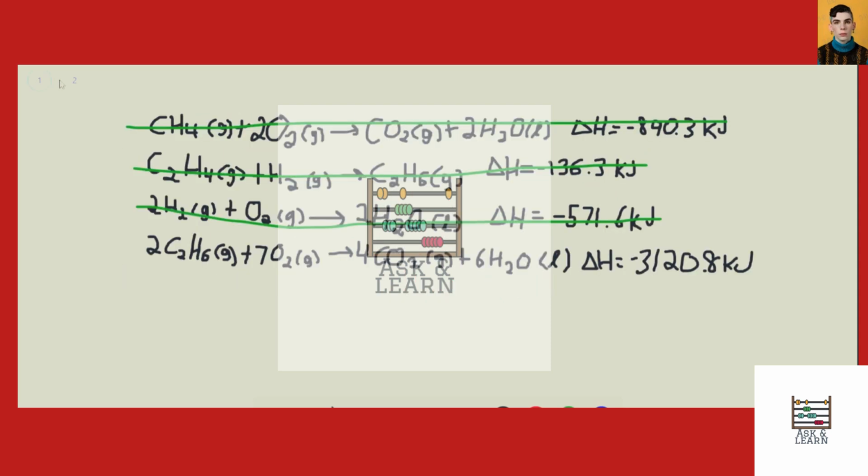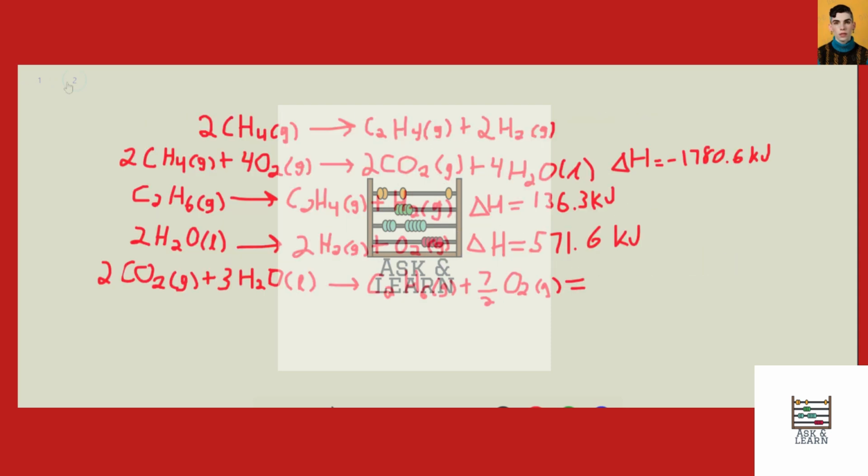Since we divided the equation by 2, we have to divide delta H by 2 as well, so delta H is equal to 1560.4.